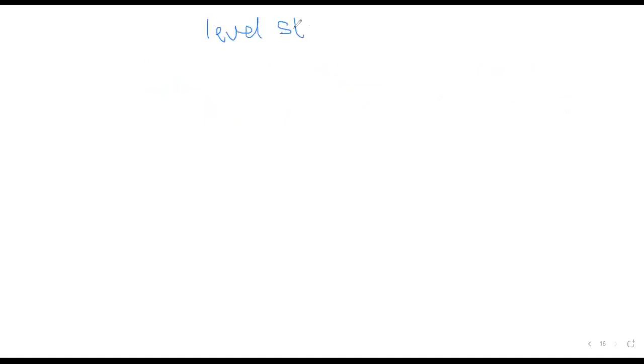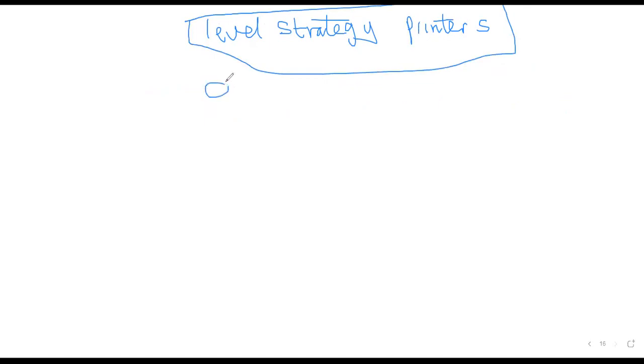Then we can get into the level strategy. Under level strategy, we can go for level strategy for printers. So for printers, we have quarter 1, quarter 2, quarter 3, quarter 4.